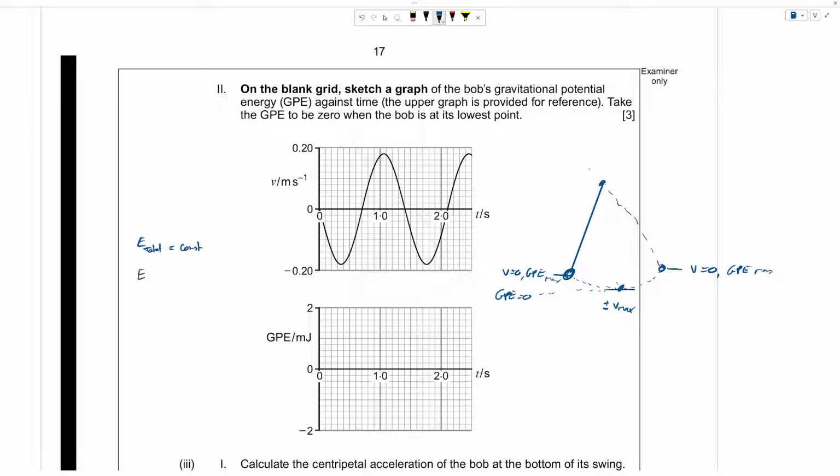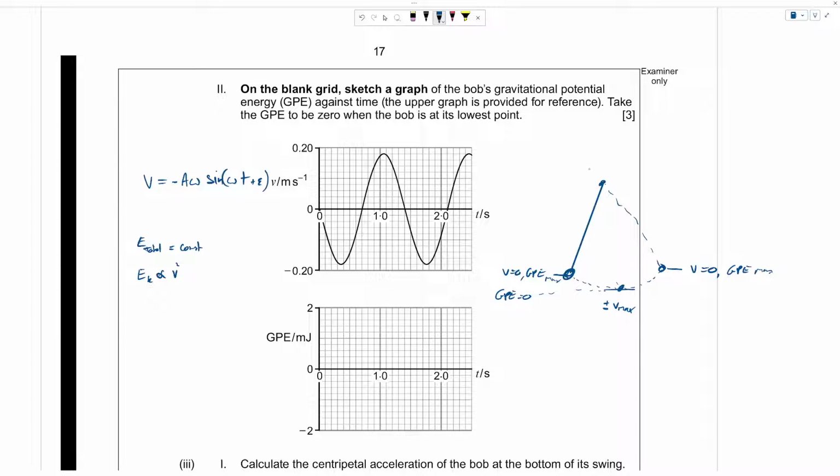and the kinetic energy is proportional to V squared, and V is given as, if I look in the formula sheet for simple harmonic motion, V is given as minus a omega sine (omega t plus epsilon).